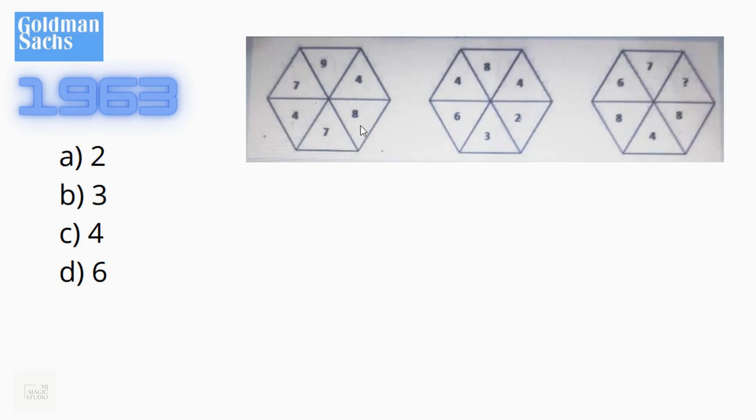So the next one, 1, 2, 3, 4, 5, 6, hexagon and 6 numbers in one diagram. Okay, bit confusing. We can see if there is any relationship with the opposite ones, 9 plus 7 is 16, 4 plus 4 is 8, 8 plus 7 is 15, and somehow it's not working. Then let us go with the odd ones.